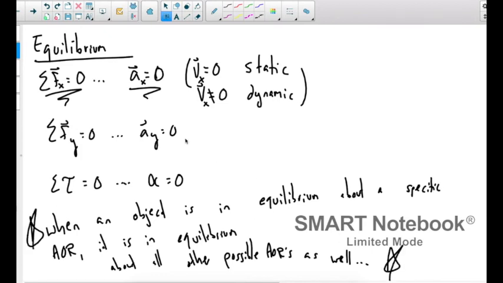You know that in order to identify and start calculating and writing expressions for torque, the first thing we have to do is identify an axis of rotation.